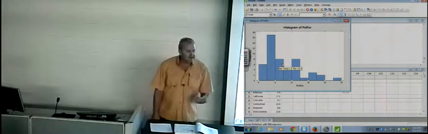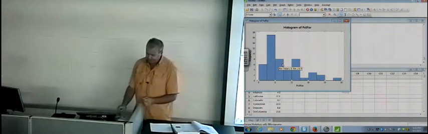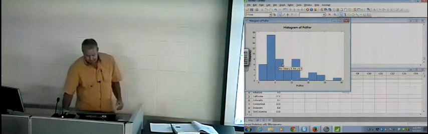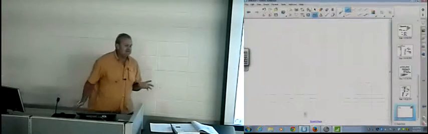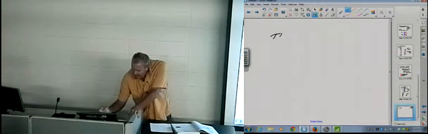Now, the last thing in this chapter is sometimes, not a lot of times in this class, we talk about something called a time plot.